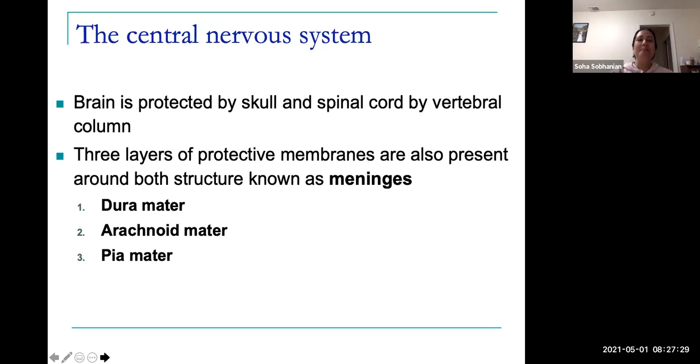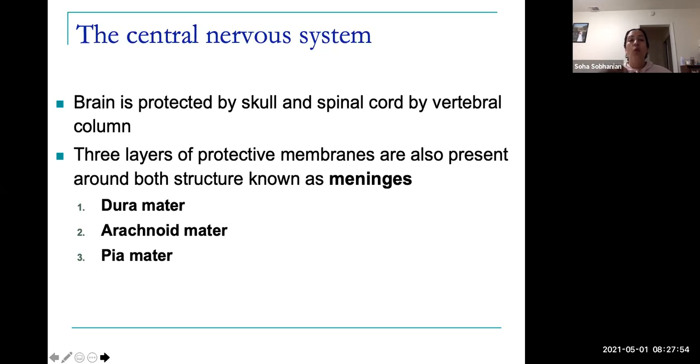Okay, so let's continue. Your central nervous system is extremely important for your functionality, right? Because it controls what you do in your environment, controls your muscles, your heart, your breathing. Everything in your body is controlled by your central nervous system.